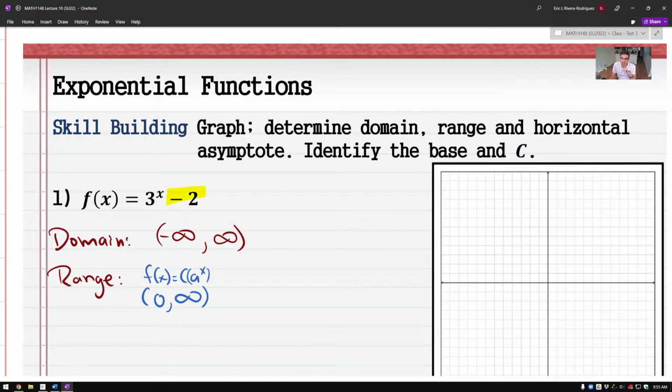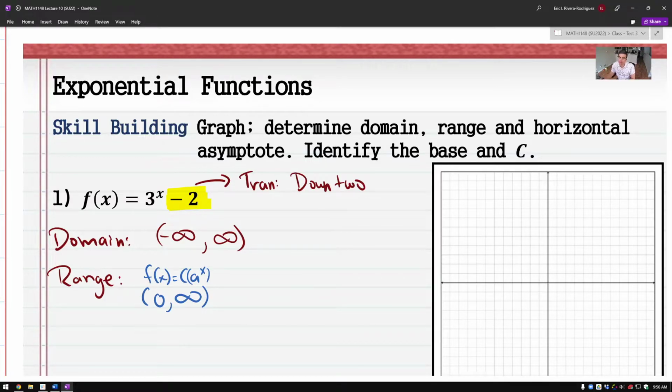But our exercise is not just the general exponential function. There is a transformation there. Can you tell me the effect of this -2 there? What is the transformation here? Down 2. So down 2.